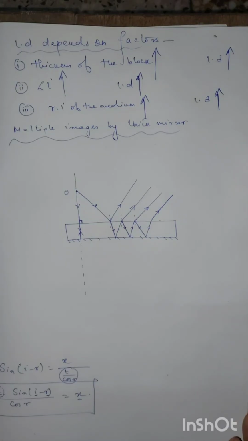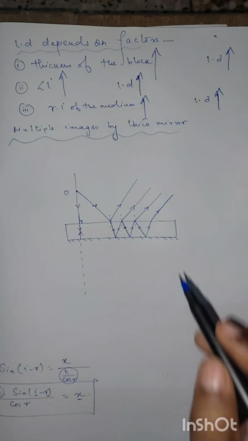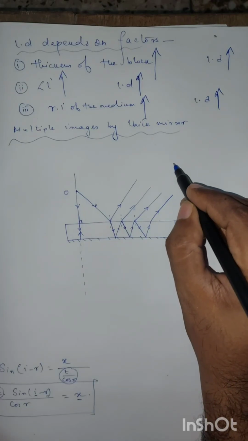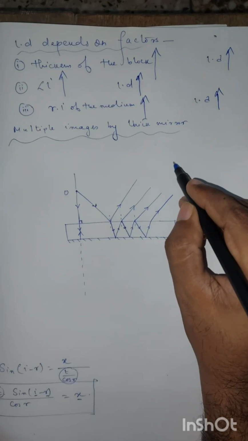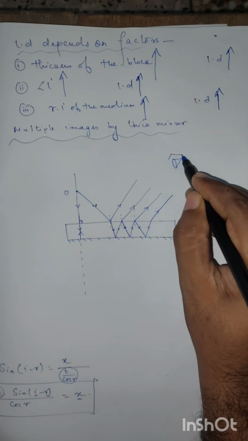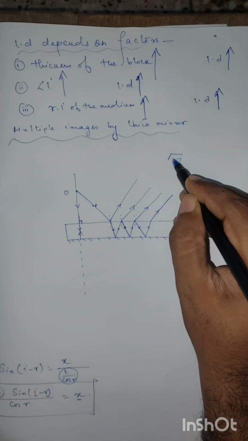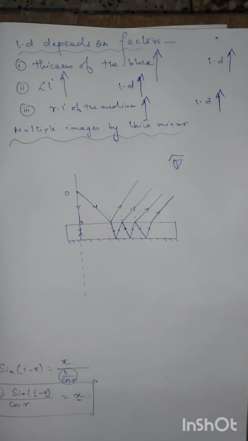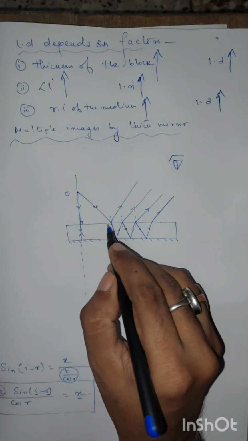So in this process, if we keep our eye somewhere like this, we can see multiple images.